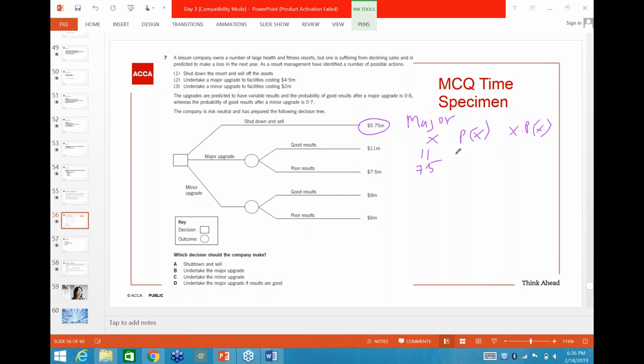And what's the probability of 11? They said it's 0.8. Good results, major upgrade. So if that's 0.8, that's definitely going to be a 0.2. So that's a 1.5 there, and that's a 8.8 there, giving me a 10.3. But to get the 10.3, I need to spend a 4.5. So which gives me 5.8.